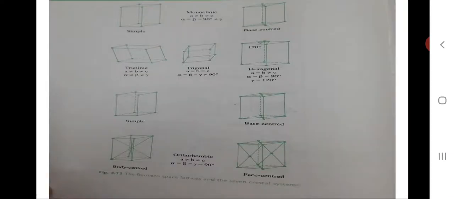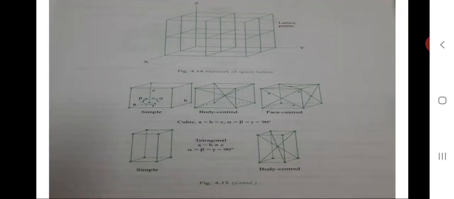Now next is face centered cubic. This is a simple cubic. This is body centered cubic. One atom is additional here at the center of the body.